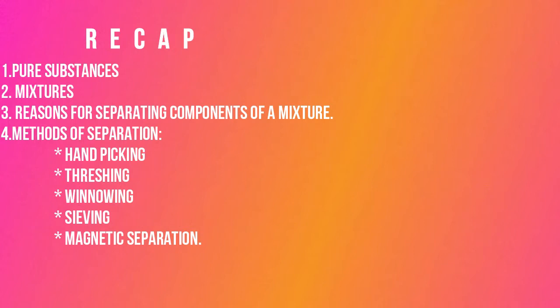Then we have discussed some of the methods of separation, which are hand picking, threshing, winnowing, sieving, and magnetic separation. These were some of the methods of separating components of a mixture.